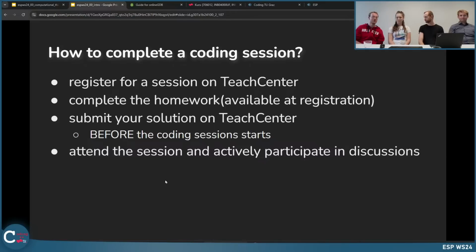But during the session it's not required that you do everything perfectly. It's just important that you discuss and have some ideas, and even if they are not correct, this is no problem. We just want to encourage you to discuss. We want you to participate actively, and if you don't know something, it's fine for you, it's fine for us, and for everybody else.